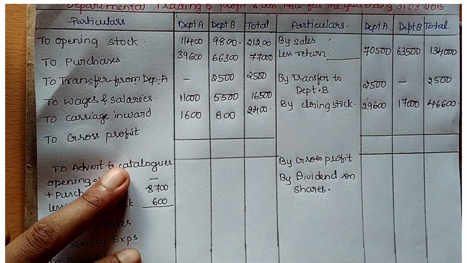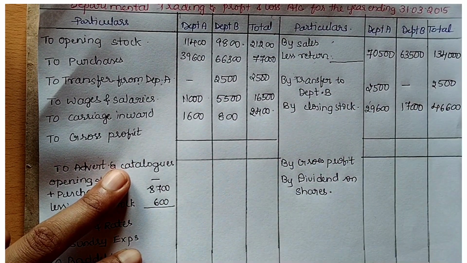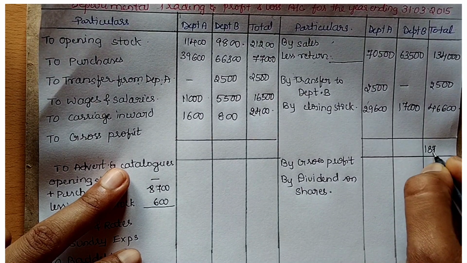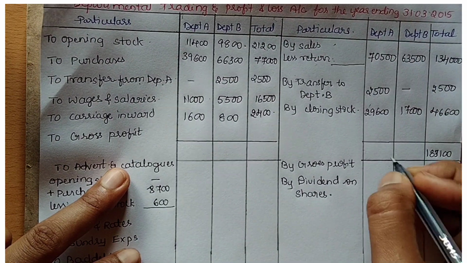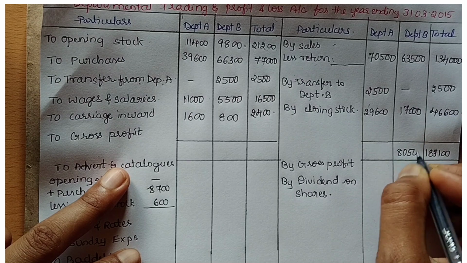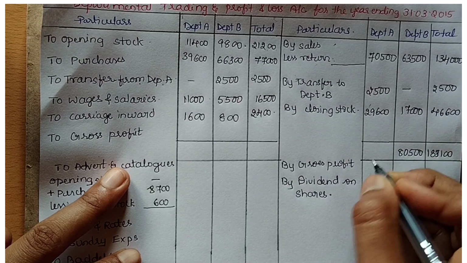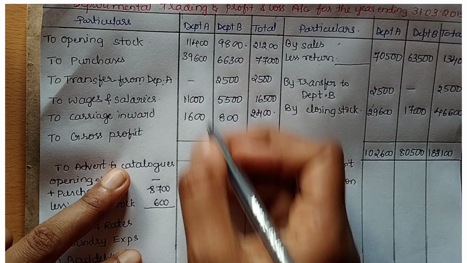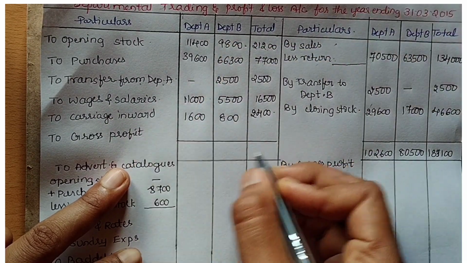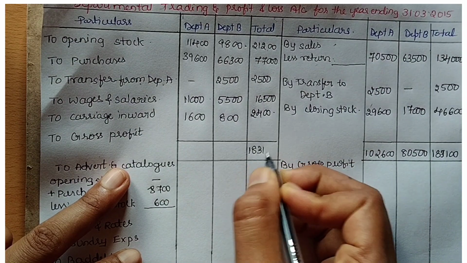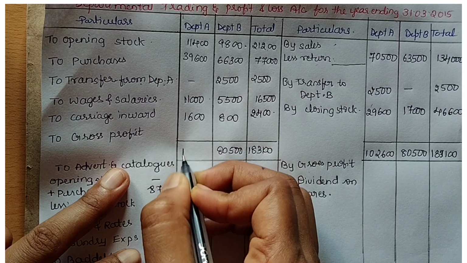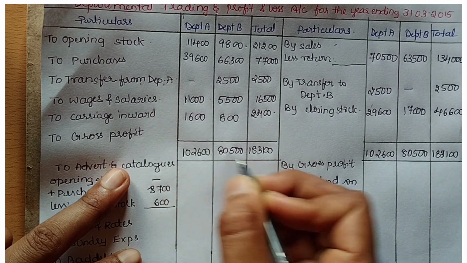Now total this. You will get 1,83,100, 80,500, 1,02,600. On this side write the same and make the difference. 1,83,100, 80,500, 1,02,600.